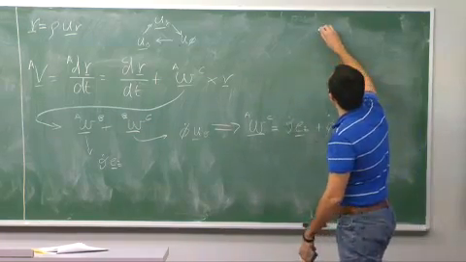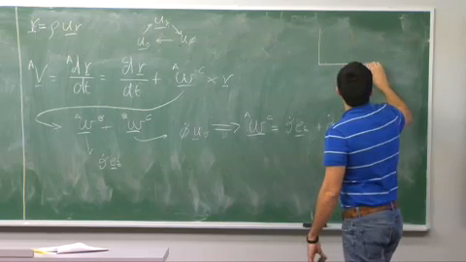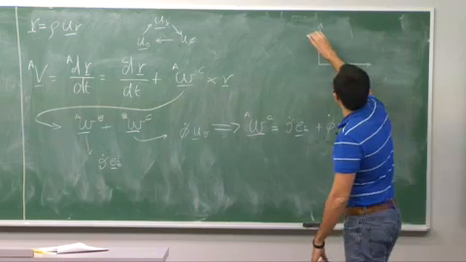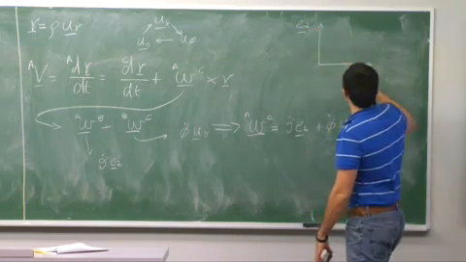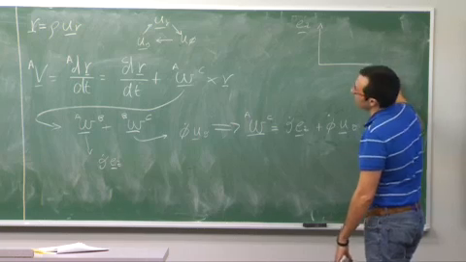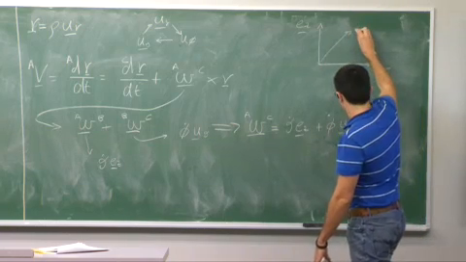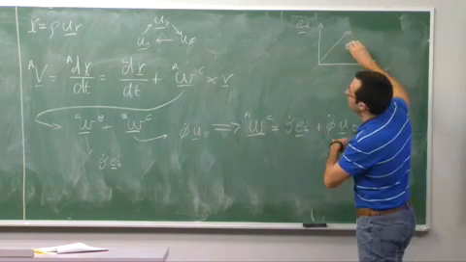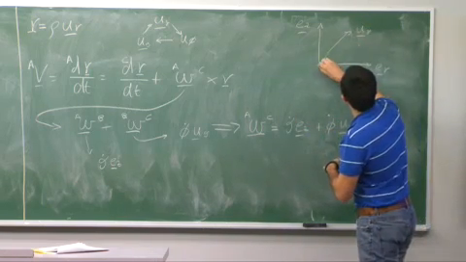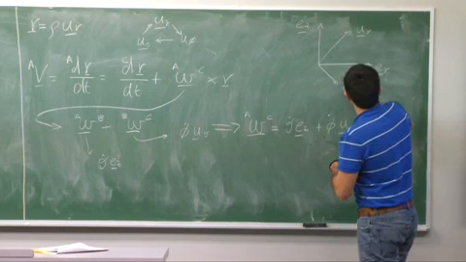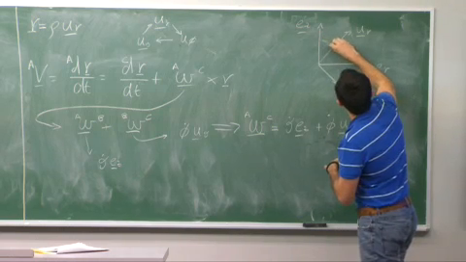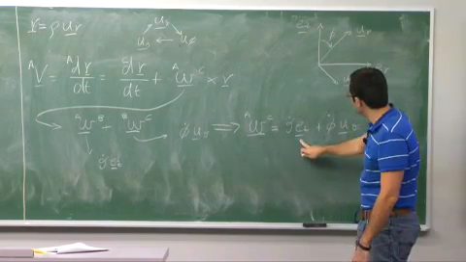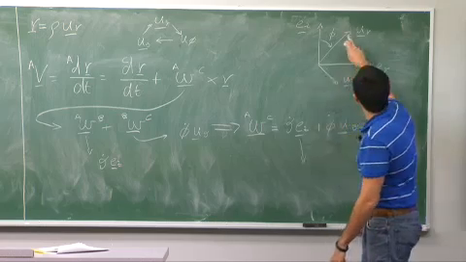Forget doing things in 3D. I don't want you to do things in 3D unless you're really that great, but do it in 2D. So this is your EZ here. We've done it before, I have to redraw it. This is your ER, and then you will have UR, U phi. Make sense? So what is it that I'm trying to do here? I'm trying to express EZ in these other bases.